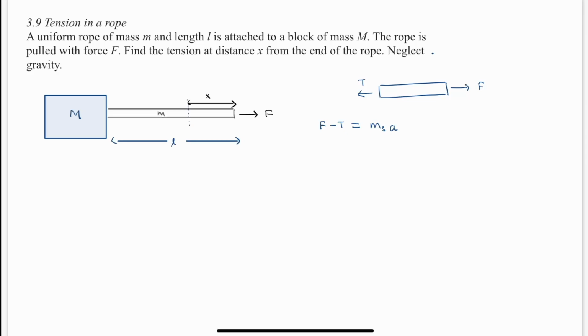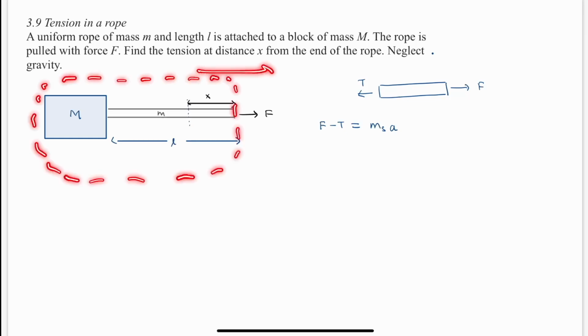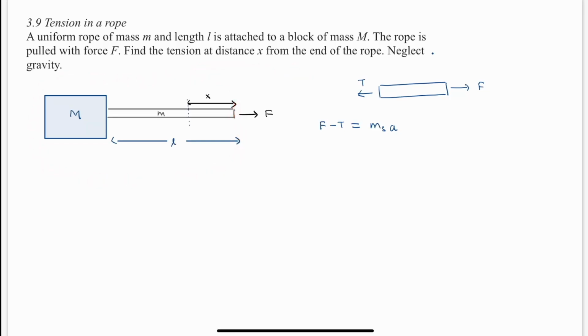Now I assume the whole body is rigid, so this whole system of the capital mass M and the small mass m will move together with a common acceleration. If I consider this as my whole system, the acceleration of the whole system would be some a, and that a should also be the acceleration of this small piece of rope.